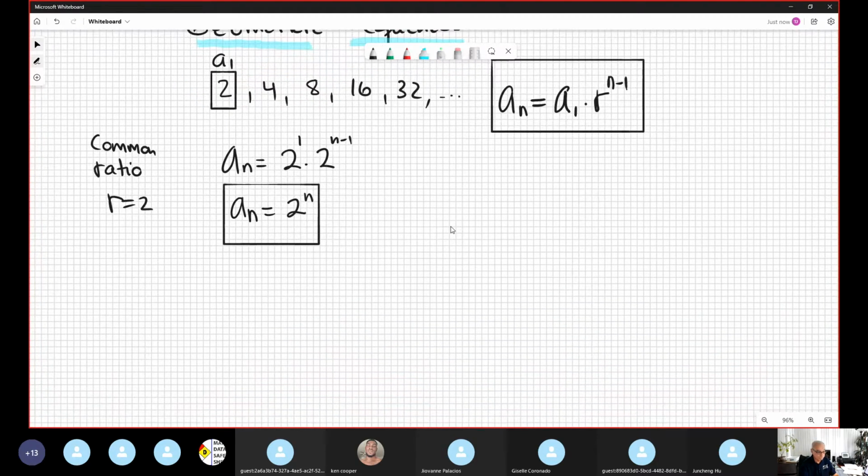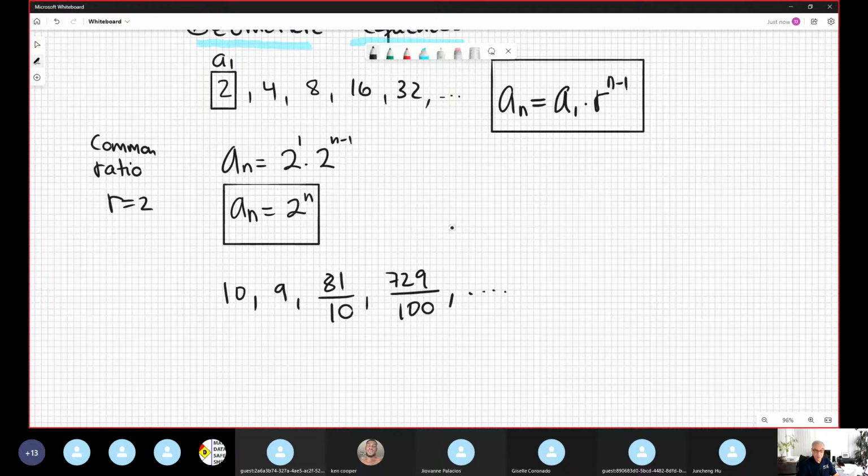Suppose we have this example: 10, 9, 81 over 10, 729 over 100. My goal, number 1, is to prove whether this sequence is geometric or not.